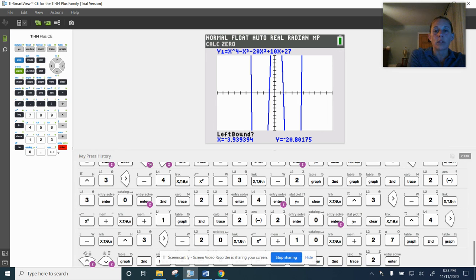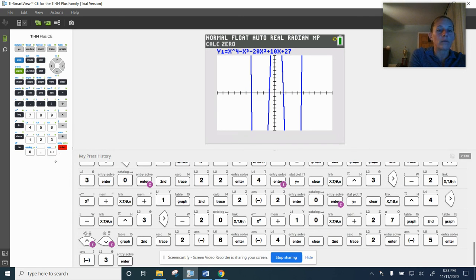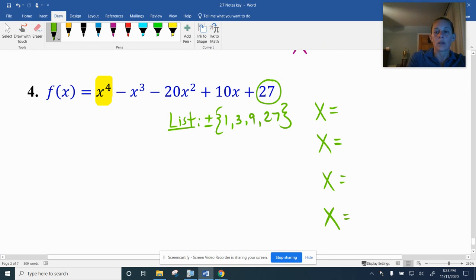I guess I miscounted. Okay, so my left bound, I'm going to pick, let's see, 1, 2, 3, 4, 5, negative 5. And then I'm going to pick negative 3 for the right. That looks a little better. Now I'm going to hit enter. Negative 4.09 is the first one.